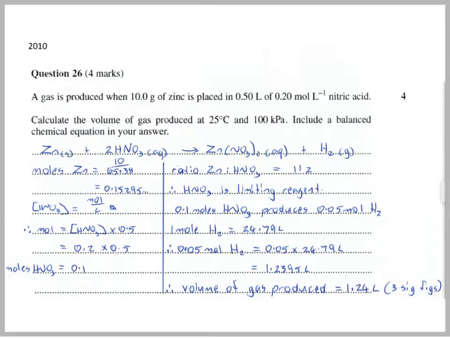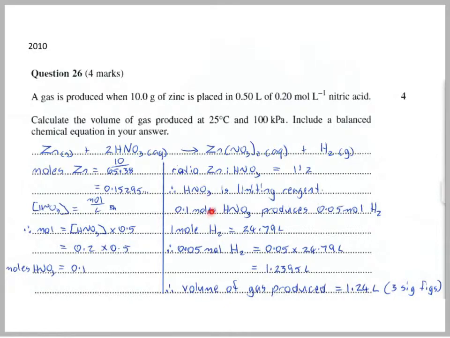If I've got 0.15 moles of zinc, I would need twice as many moles of nitric acid. So I'd need 0.3 moles of nitric acid. I don't have 0.3 moles of nitric acid, I have 0.1. So that's why nitric acid is the limiting reagent.